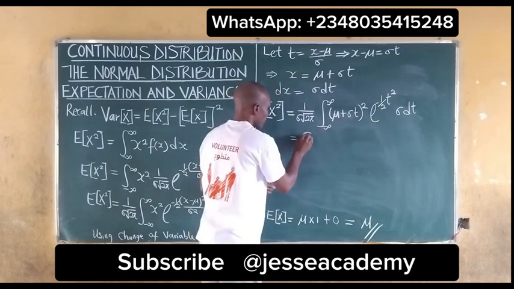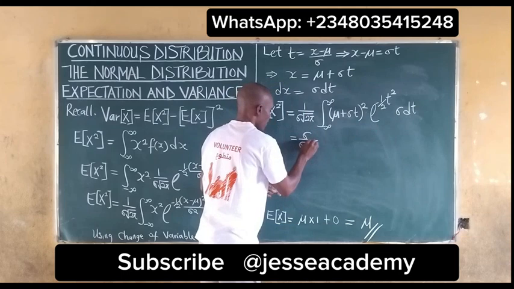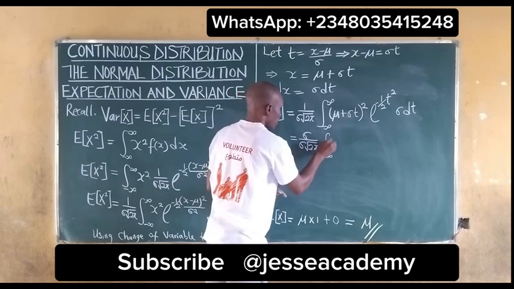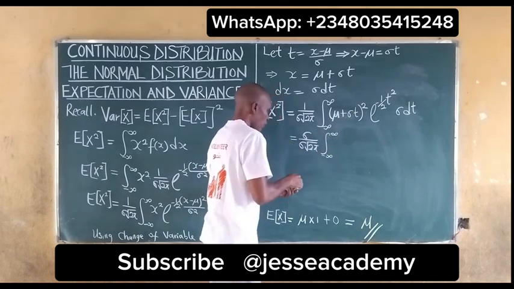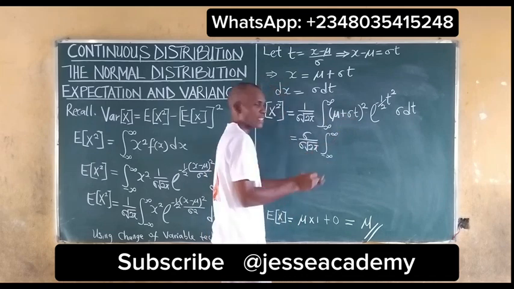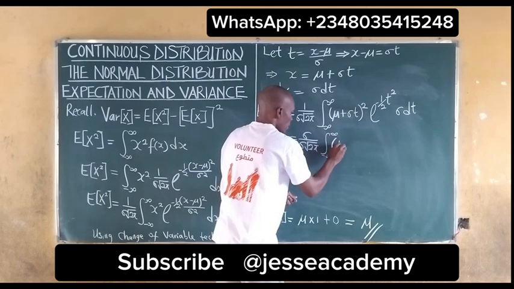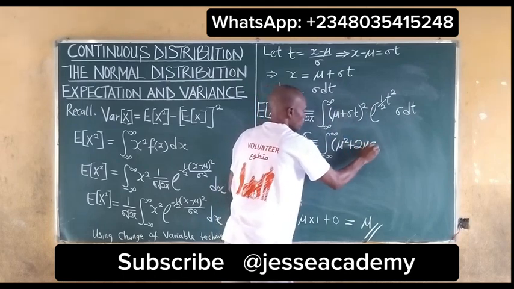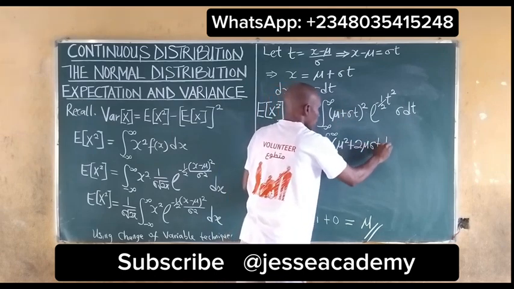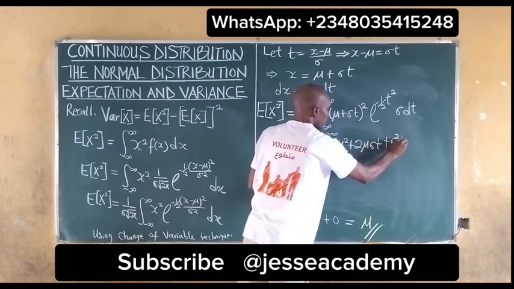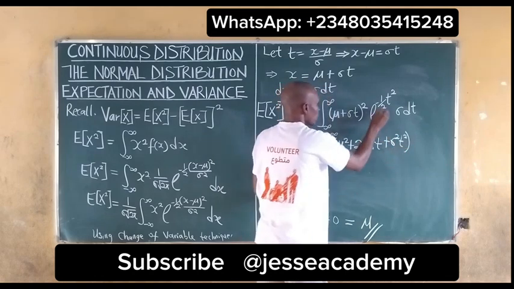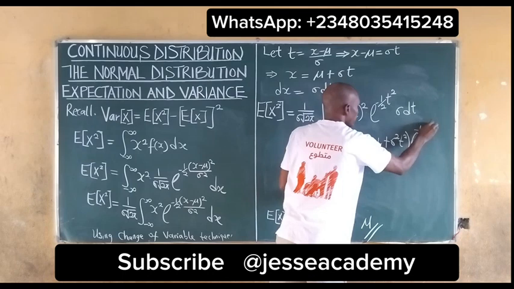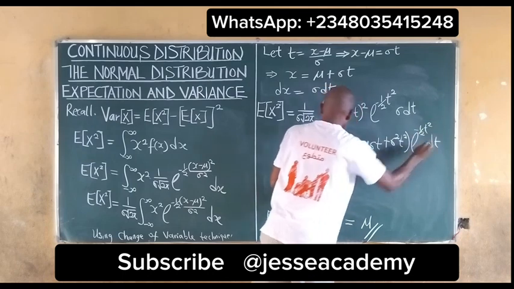That means we'll have it as sigma all over sigma square root of 2 pi, the integral from negative infinity to infinity. We can also expand this to give us, from the quadratic expansion, mu squared plus 2 mu sigma t plus sigma squared t squared, into exponential negative 1 all over 2 t squared dt.